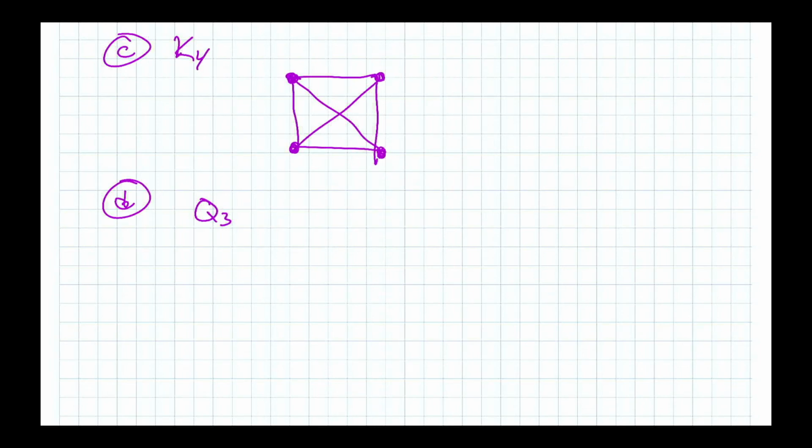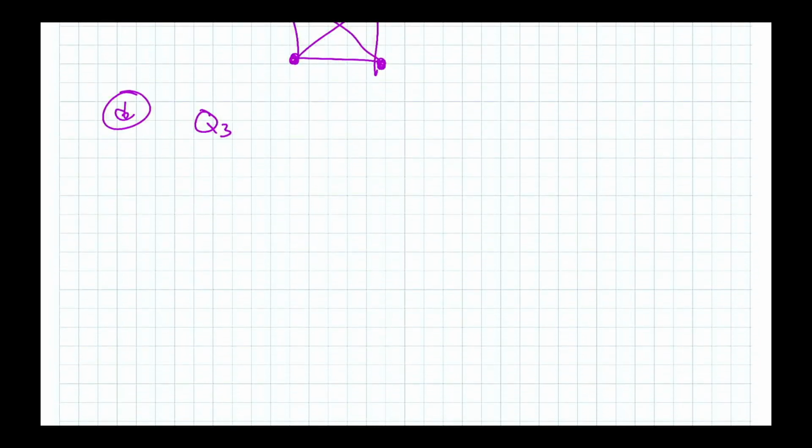Q3 is the three-dimensional cube. There's a method, right? Here, I'm going to just put these vertices in. So for a three-dimensional cube, you draw 2 squares and then connect the corners like that, and that's Q3.